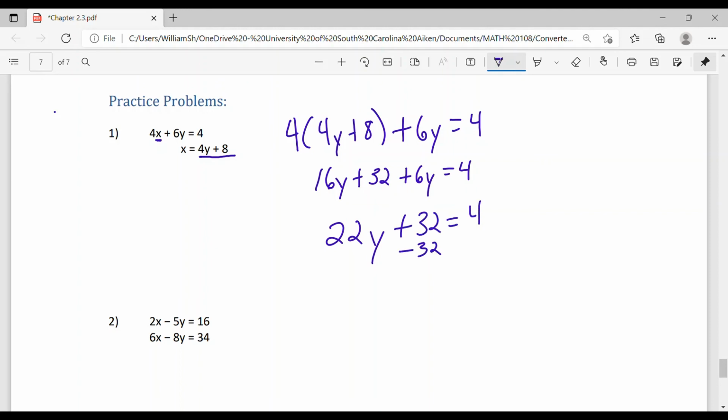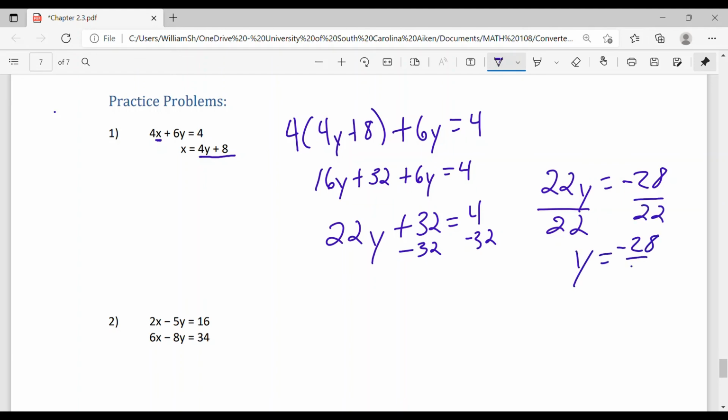You subtract 32 from both sides, you get 22y equals negative 28. Right? That we've done everything correct so far. I believe so. And you divide by 22 here, and you get that y equals negative 28 over 22.